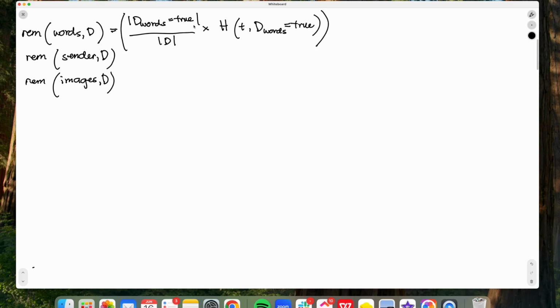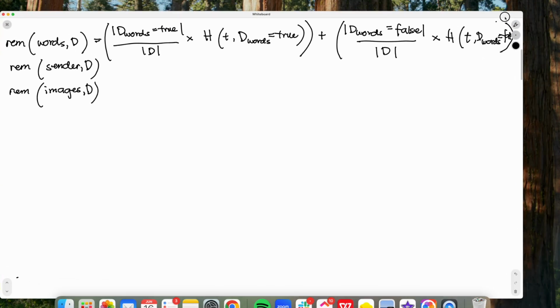So note that there are 2 possible values for words, right? So we need to add the value of the second, where data set that words is equal to false divided by the data set for this times the entropy that the words is equal to false. So yeah, you get that it's for the false.